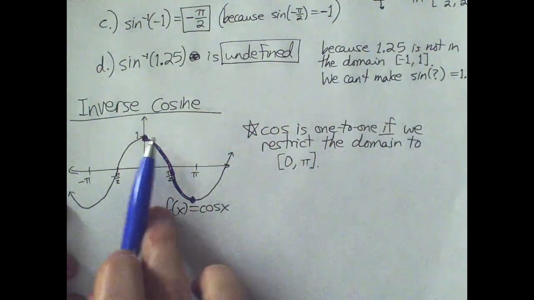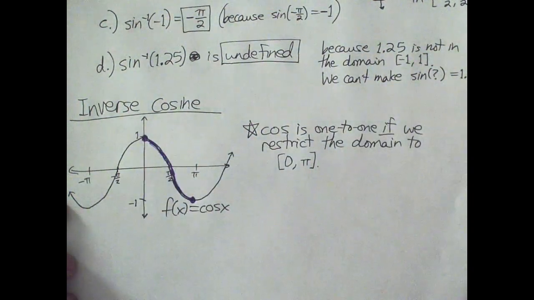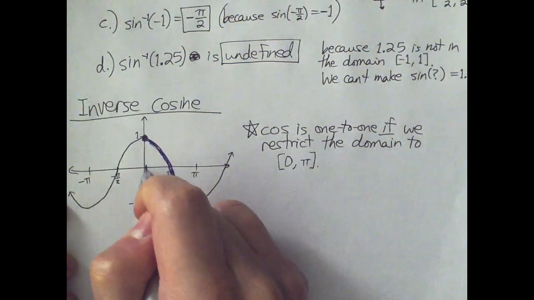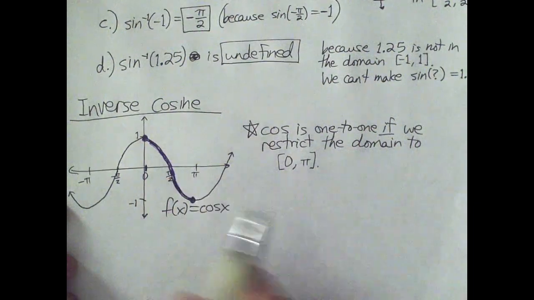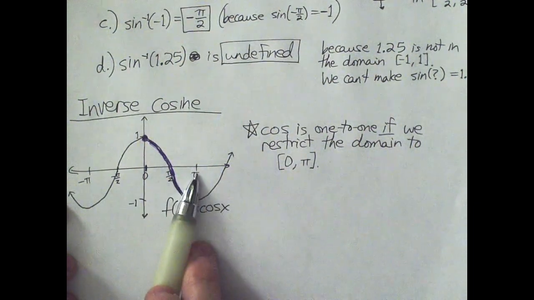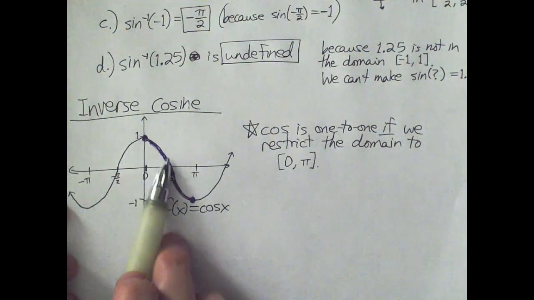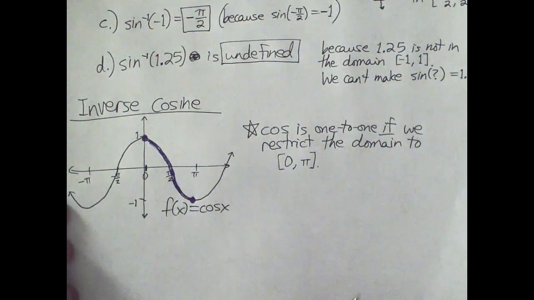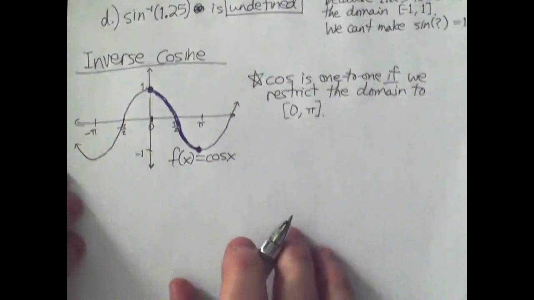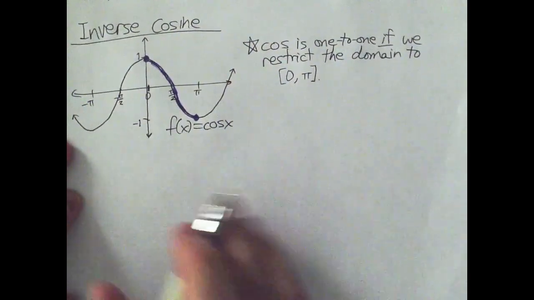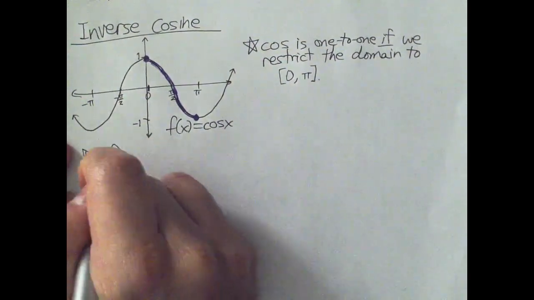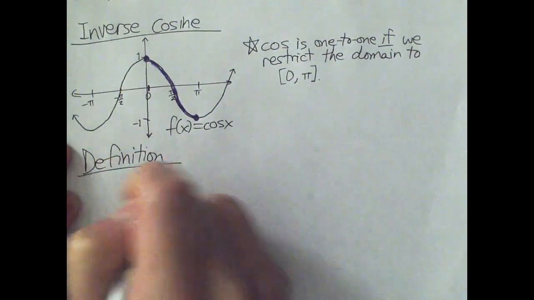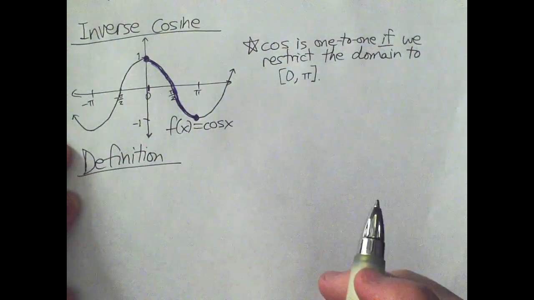So I'm saying if we focused in on just this part of cosine, that's from 0 to pi, we get a portion of cosine that is one-to-one, and we can make an inverse function based on this. So I'm going to go straight to the definition. And after the definition, we'll do an example problem.